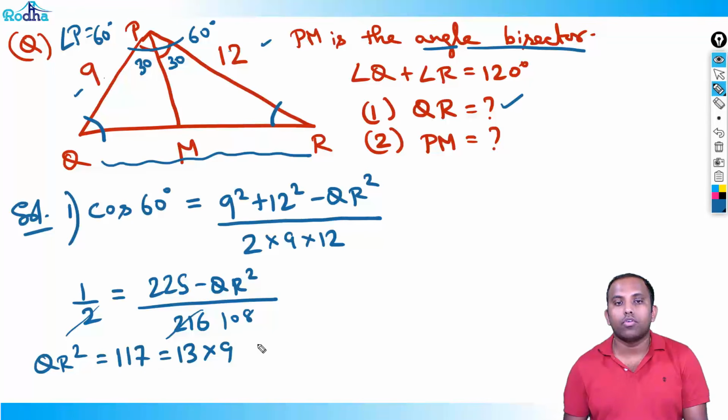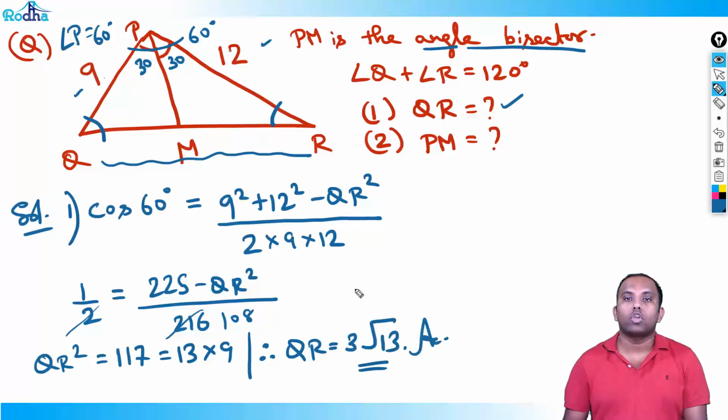Therefore QR is equal to 3 root 13. This is the answer, so I got the first question. What is the answer? 3 root 13 for the first question.